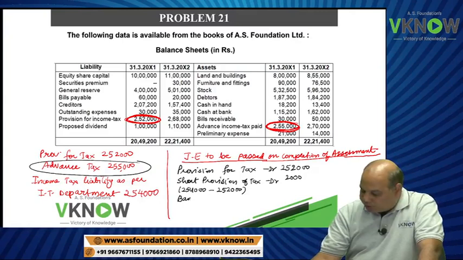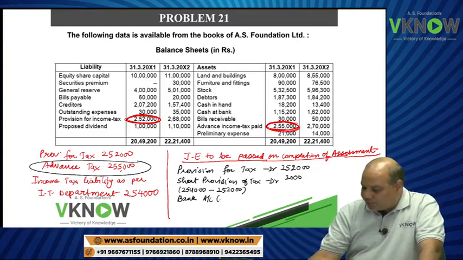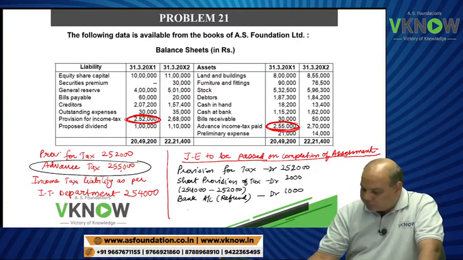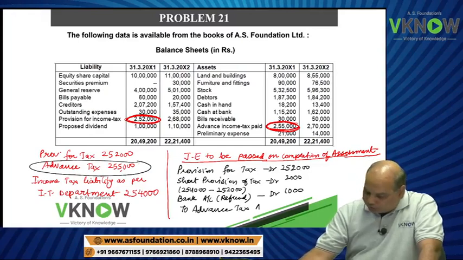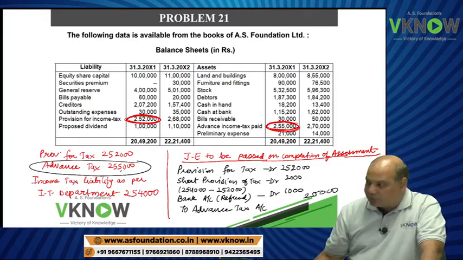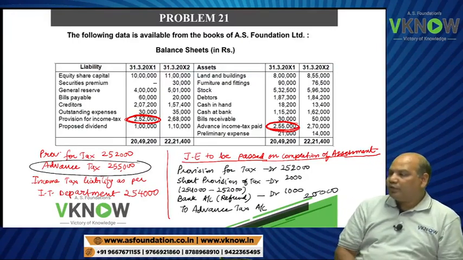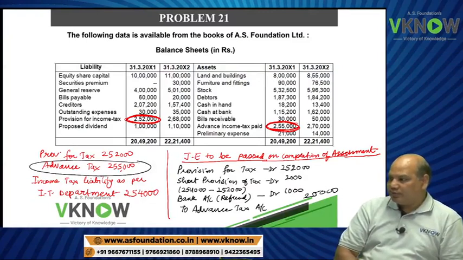Bank account debit, you have received refund also. So bank account debit 1,000, and to advance tax account 2,55,000. Please write the entry for your future understanding.